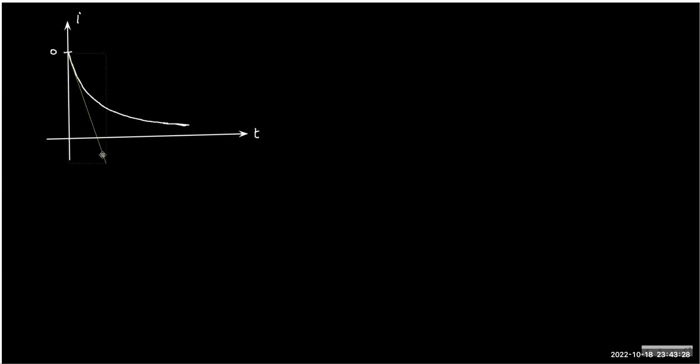So in the decay circuit, now because you are starting from I naught, you're going downwards, so you will decay by 63%.